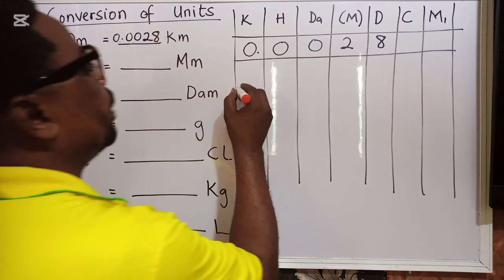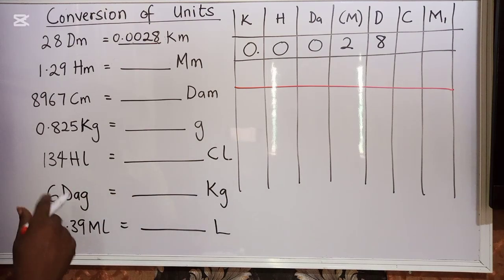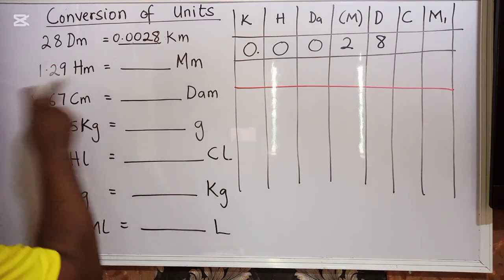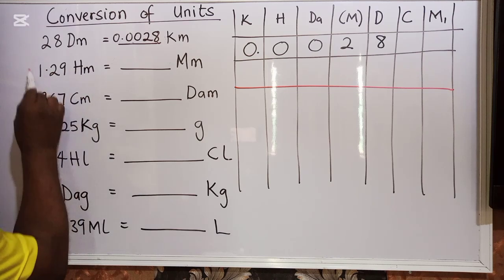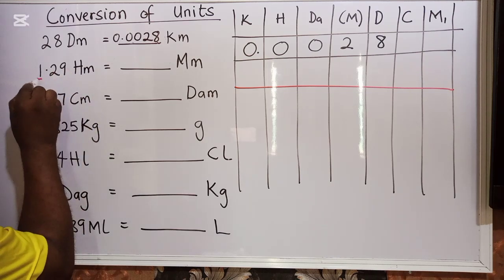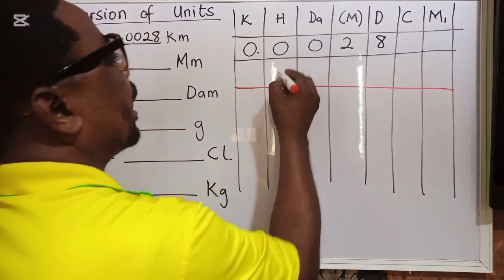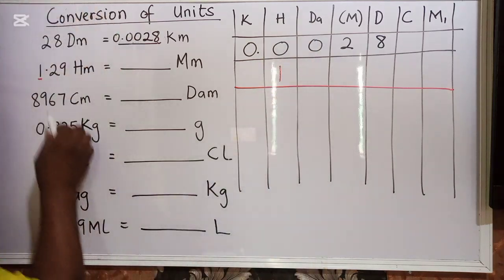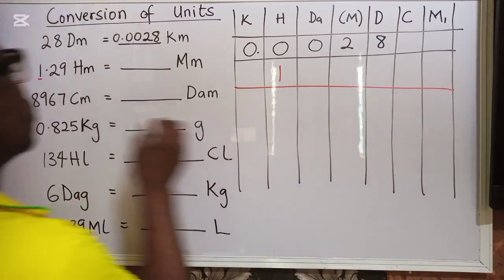Now let's go to hectometer to millimeter. What is our unit? That is the first question we ask ourselves. Our unit here is 1. So go to hectometer and write 1. Now I want to move to millimeter, and millimeter is at the end here. So I keep moving.